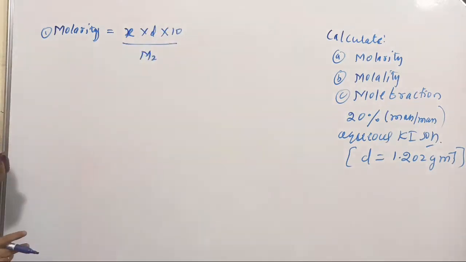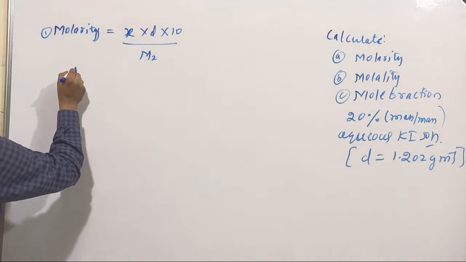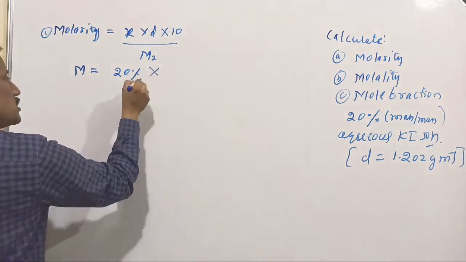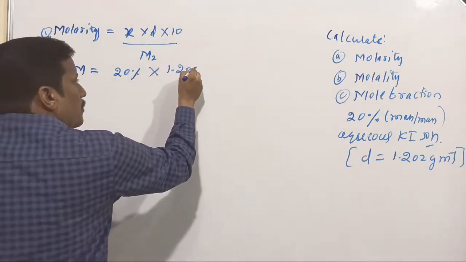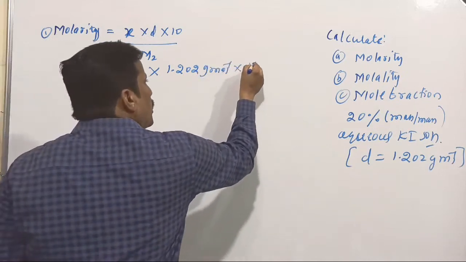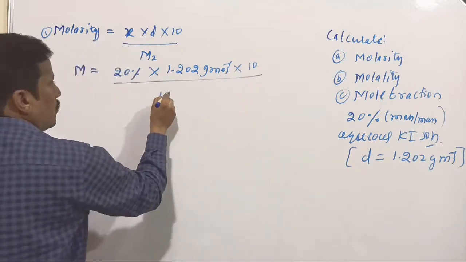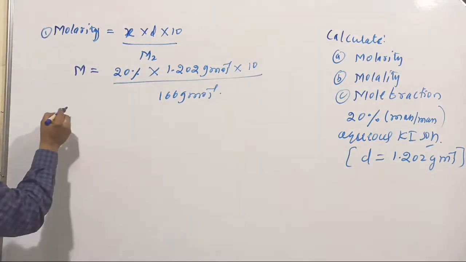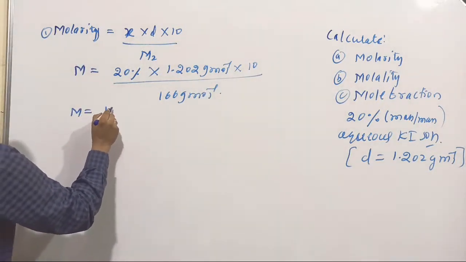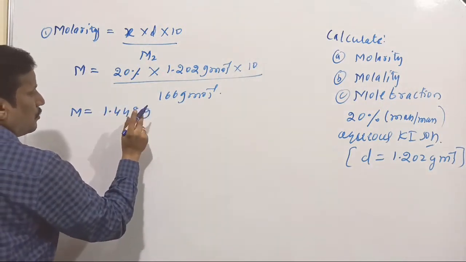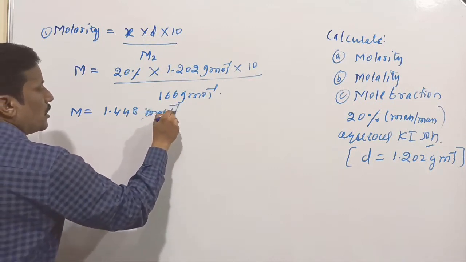M2 is the molecular mass of potassium iodide. So M is equal to x, percentage by mass is given 20%, density is given 1.202 gram per ml, into 10, divided by 166 gram per mole. That gives molarity as 1.448 mole per liter.